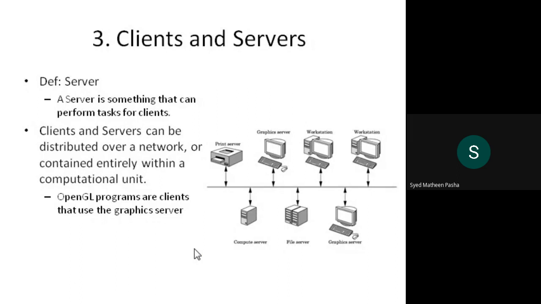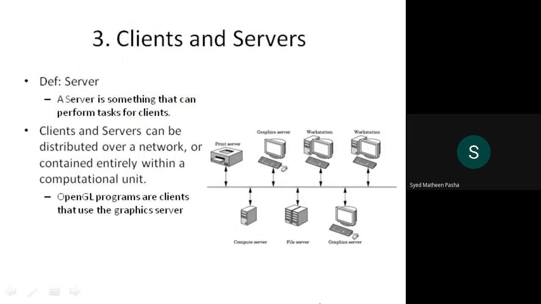Isn't it the GLUT library? You have installed the GLUT library. I can call the GLUT library the server, and the clients using the functionalities of the GLUT library are nothing but the clients there. So this is an example of client and server.